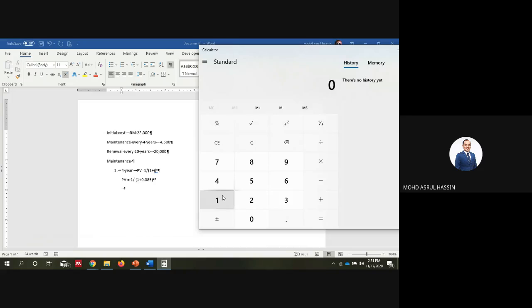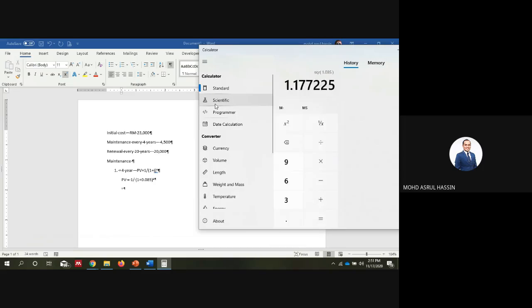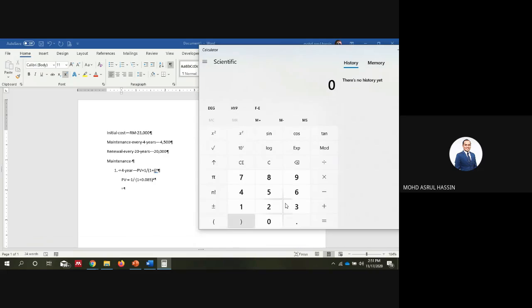Okay, 1 plus 0.085 power, sorry, this one power 2. Scientific calculator. Okay.